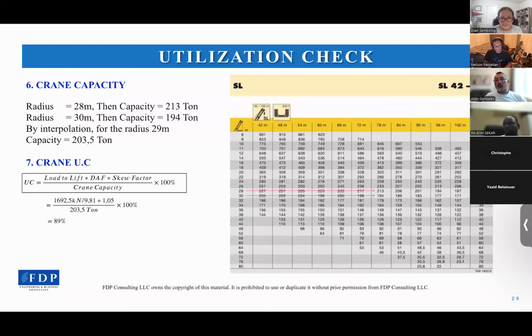Just for me, tomorrow, if you can send me a summary of the calculation of the COG of the load and the crane. Oh, okay. I will send it to you, also the recording, so you can listen again to our topic today. Tomorrow we'll continue with the ground bearing pressure calculation, and hopefully you can join full time, right? Okay. Thank you so much.